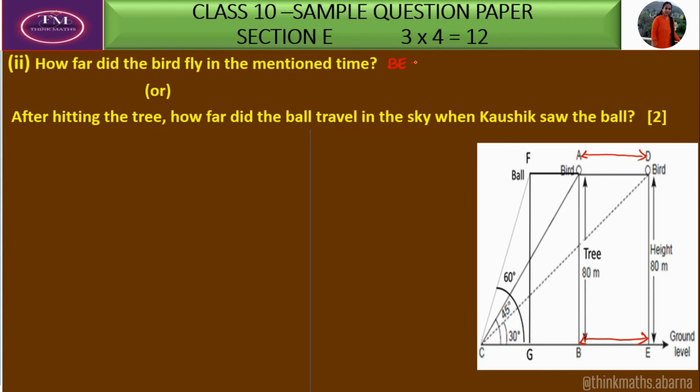So we have to find out BE for this first part. So how can you find out BE? From the total distance CE, if we take out BC, we will find BE. So to find CE, we have to use this big triangle DCB. Okay, children? So let us move on to the solution.